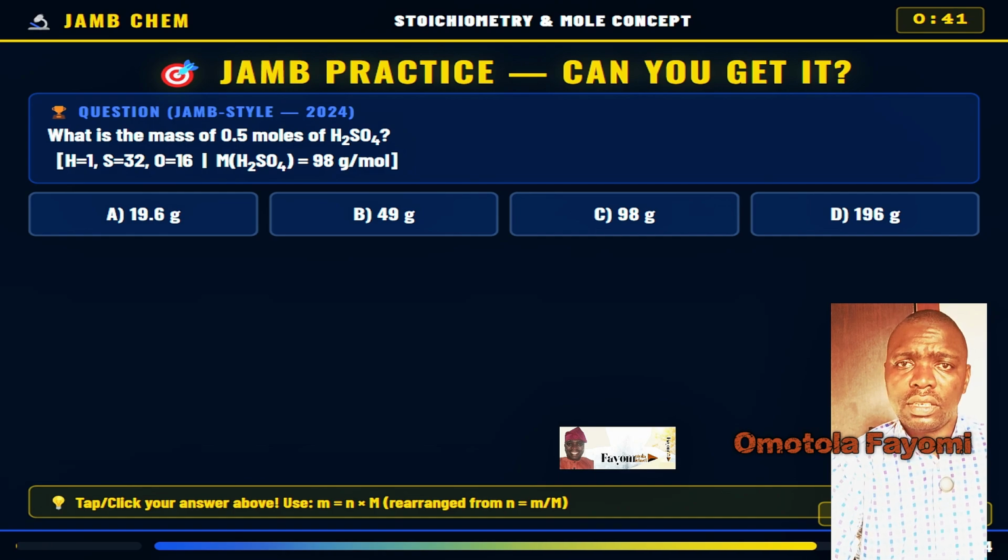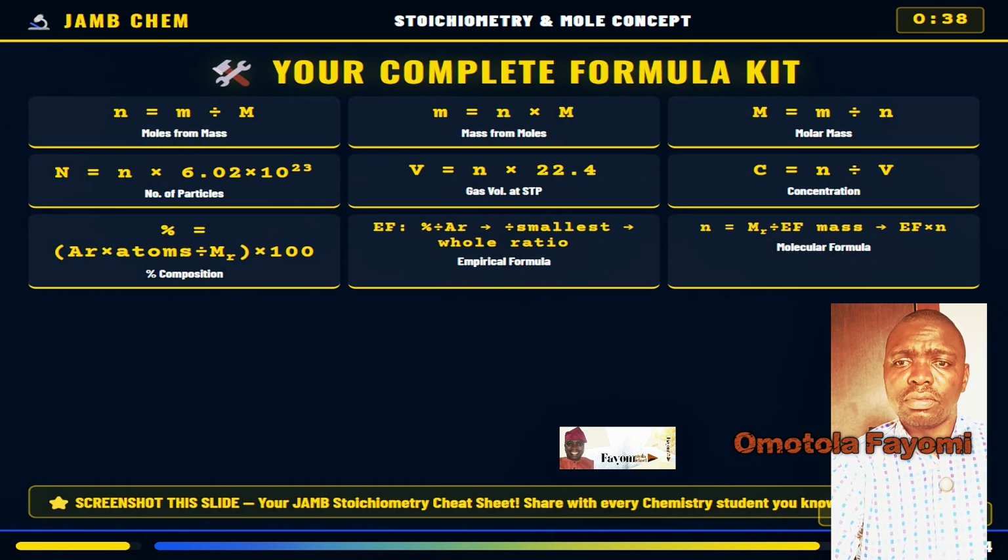Now you know. And here it is, your complete JAMB stoichiometry formula kit. Screenshot this right now. Share it with every chemistry student you know. You have n equals m over M for moles, from mass to mole. N, that's capital letter N, equals n times 6.02 times 10 to the power 23 for particle count. V equals n times 22.4 for gas volume at STP.